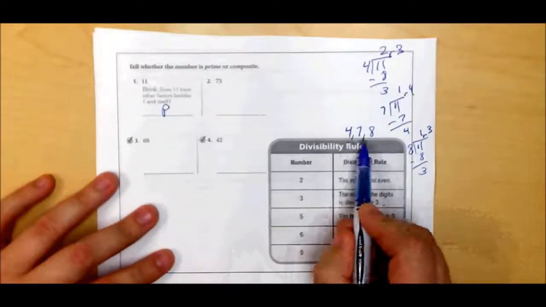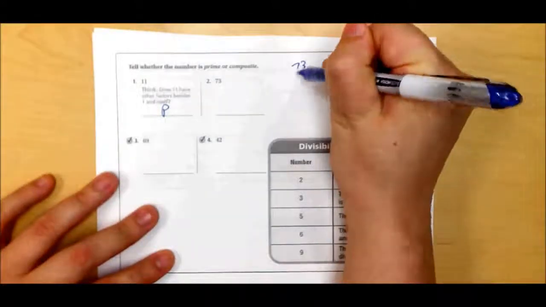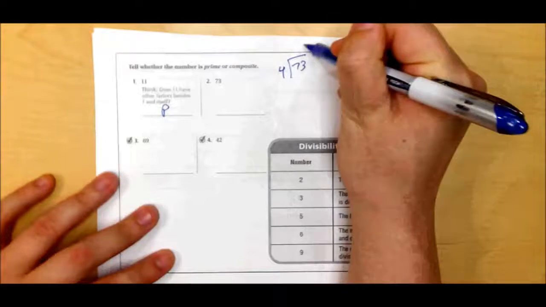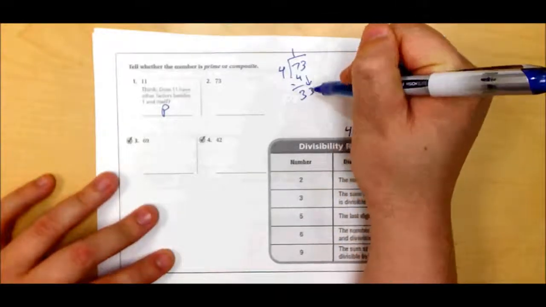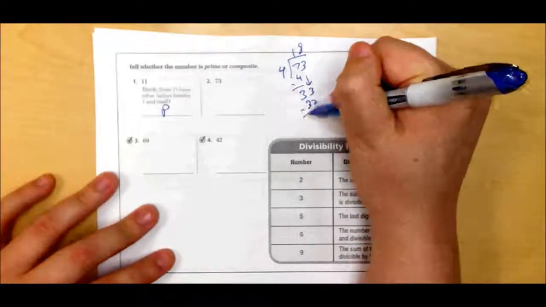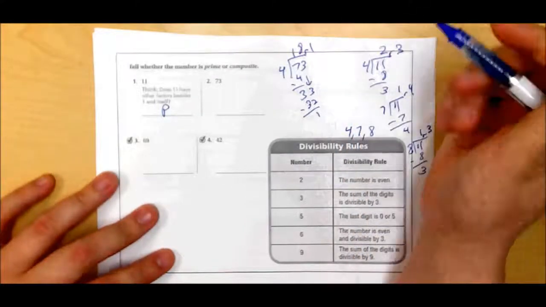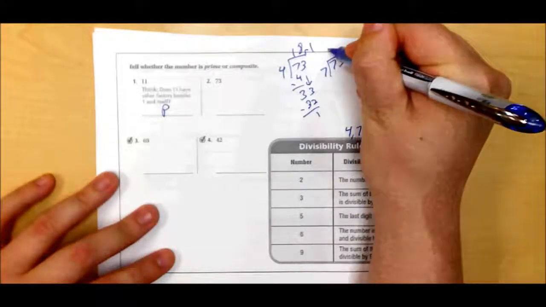So let me try to divide it by these 3 extra numbers that I don't have rules for. 73 divided by 4. 4 goes into 7 1 time. And 4 goes into 33 8 times. And I get a remainder of 1. Not quite divisible by 4. Now let's try 7. 7 goes into 7 1 time.